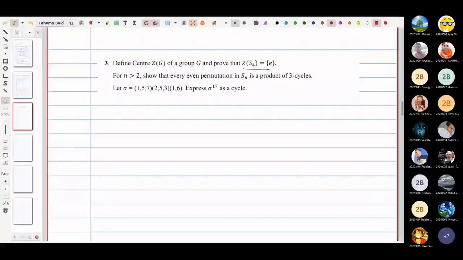So I think you can define the center of G. Let G be a group.